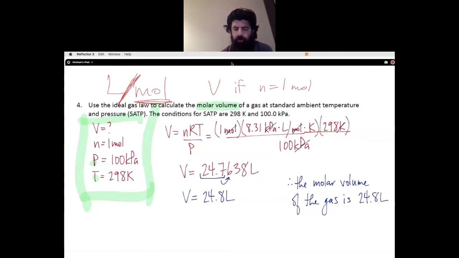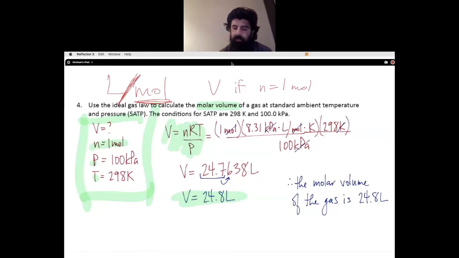And so, I figured out that there's 1 mole. So this looks like the formula: PV is equal to nRT. So here we've got the formula: PV is equal to nRT. We isolate for V, right? Throw in all my numbers, substitute all my numbers, and divide, and finally get 24.8 liters. Okay, so there is the molar volume of a gas.